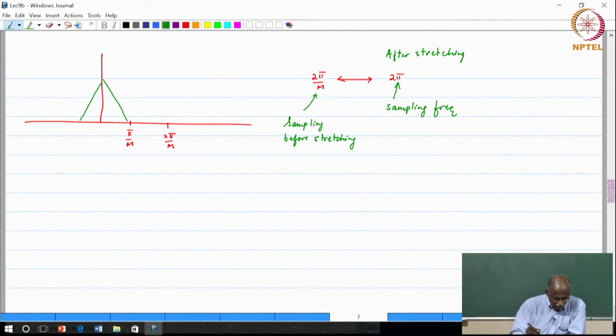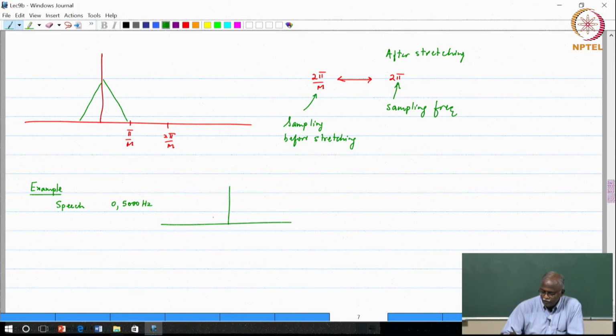Okay. A very quick example of something that translates into the exact same scenario that we have looked at. Consider that you are looking at speech data which has spectrum in the range 0 to 5000 hertz. So, the continuous time frequency is 2 pi times 5000. Now, the sampling frequency Fs is equal to 7500 hertz.